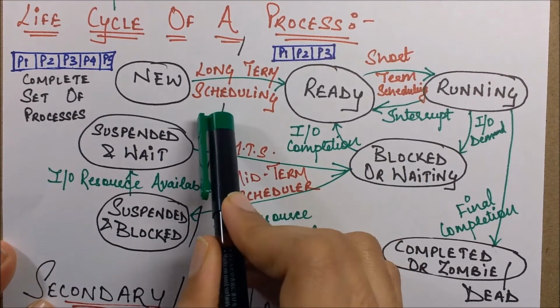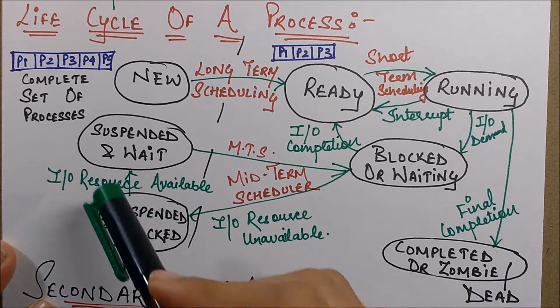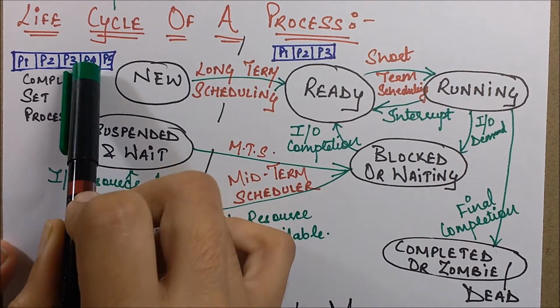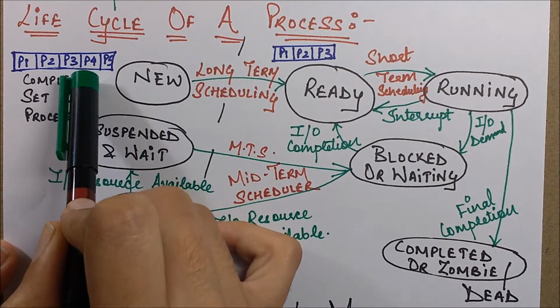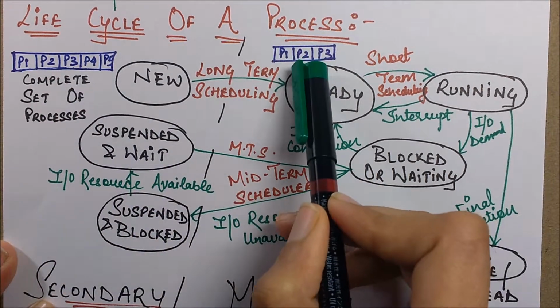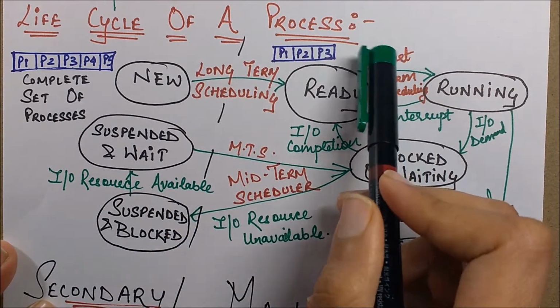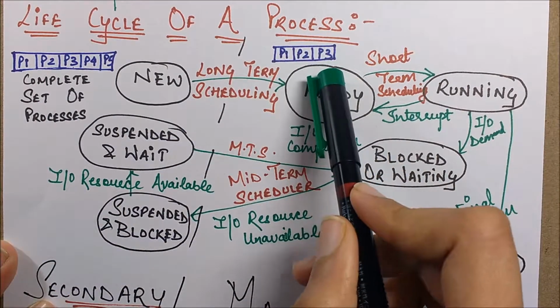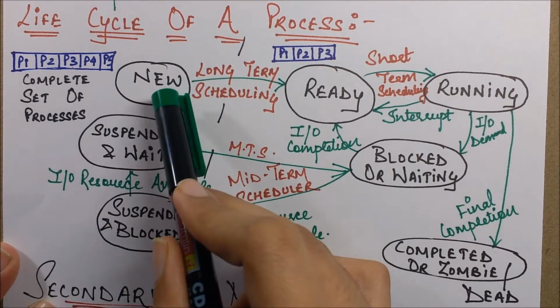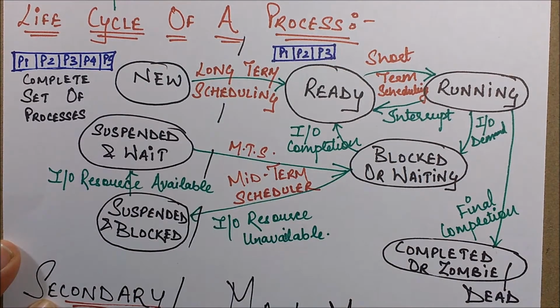Then the long-term scheduler, as we discussed just now, chooses a subset of processes from here and inserts them into the ready queue. Whenever it inserts a process into the ready queue, the process enters the ready state. So from the new state to the ready state, the long-term scheduler makes the call as to which process should be sent to the ready queue and which should not.